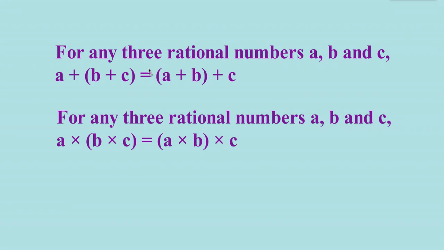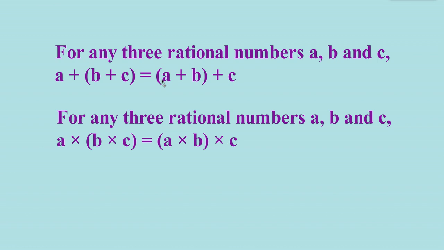Now let us see the next property. For any three rational numbers a, b and c, a plus (b plus c) is equal to (a plus b) plus c. Similarly, for multiplication also, a into (b into c) is equal to (a into b) into c.